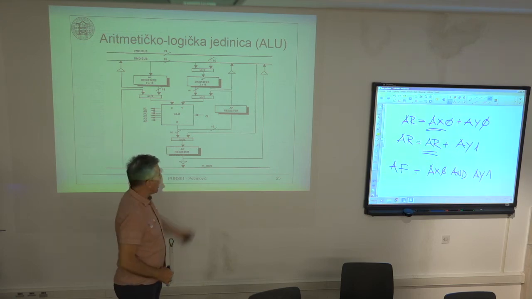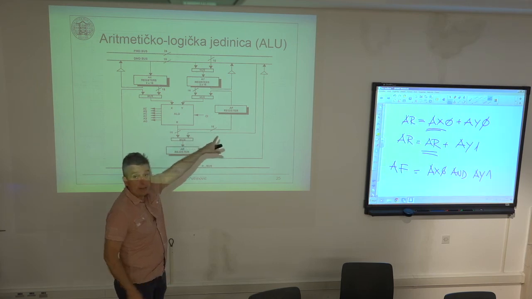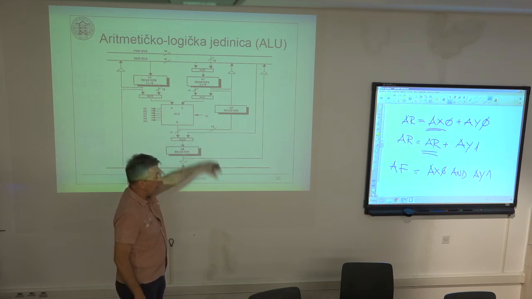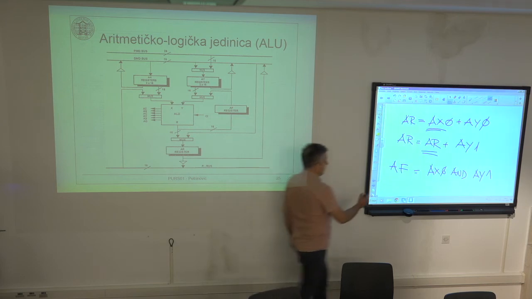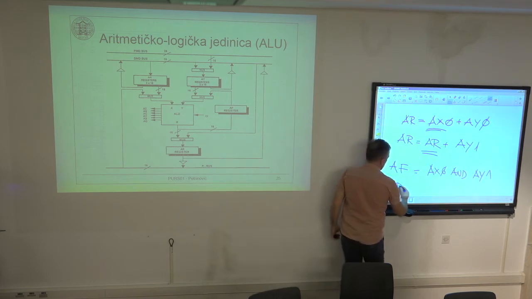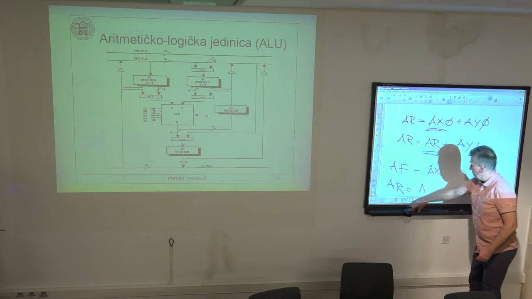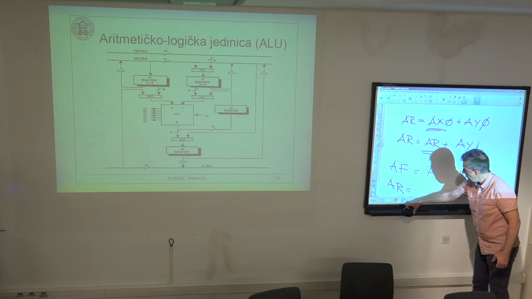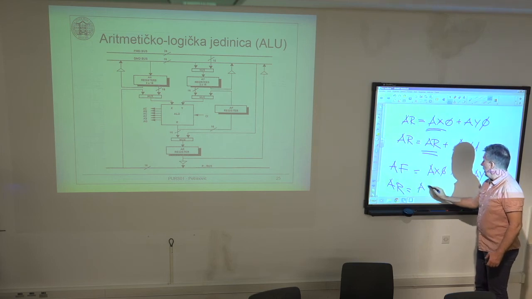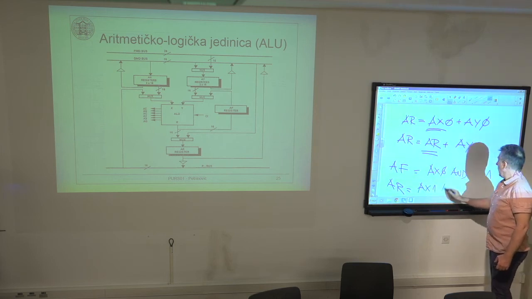And now I can use this AF as a right side argument of the next instruction. So maybe the next instruction is AR is equal to AX1 and AF, since AF is on the right side.